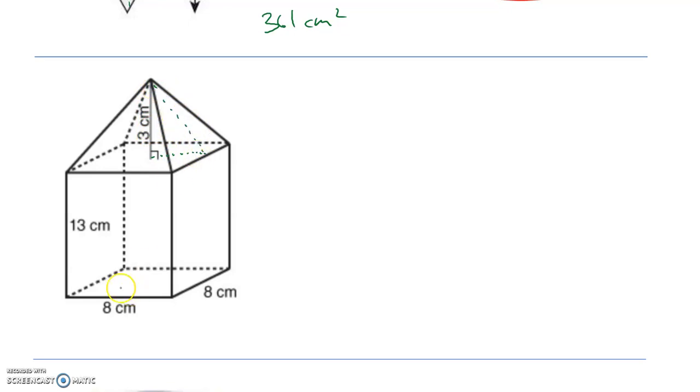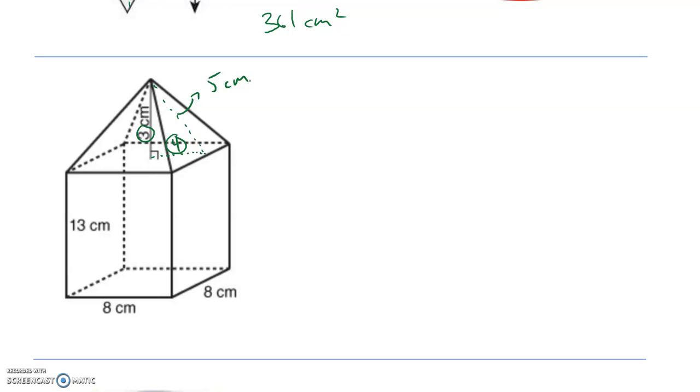This is 8 down here, so I know this is 8 over here, so that distance would be 4. So I've got 3 and 4. I'd use Pythagoras to find my slant value, which is the height of my triangle, and that ends up being 5 centimeters. I will need that for sure later on.